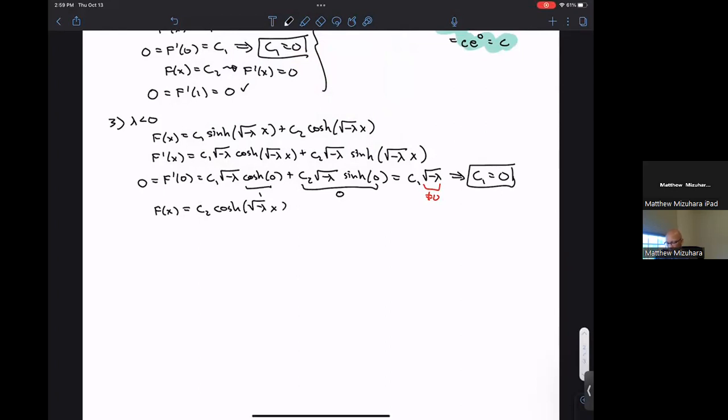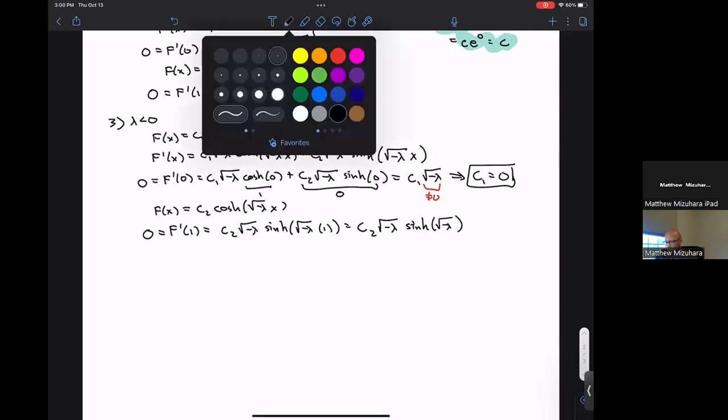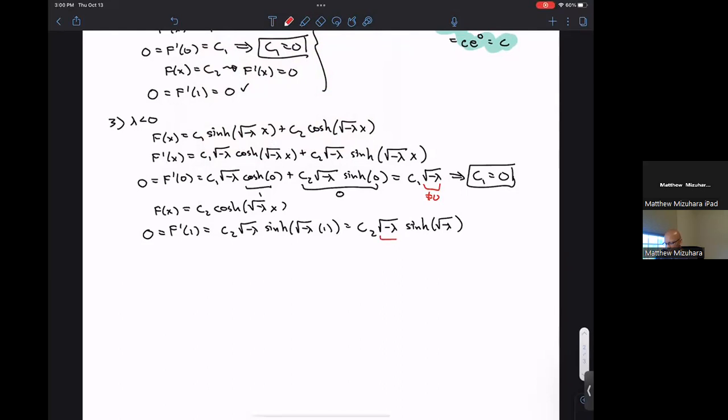And let's go ahead and plug in now our second boundary condition to see what we learn. So when I plug in 1 into my derivative, I'm going to get c2 root minus lambda sinh of root minus lambda times 1. And so this is c2 root minus lambda sinh of root minus lambda. Okay, so now important to remember some facts here. Again, the square root of minus lambda is non-zero.